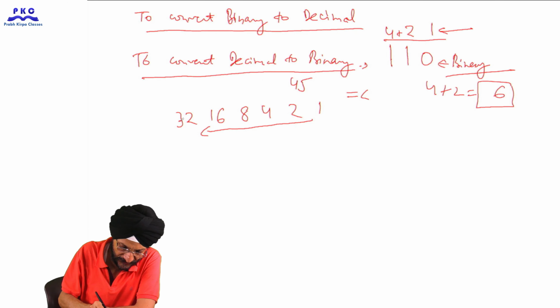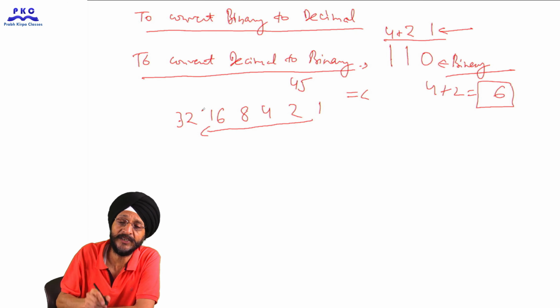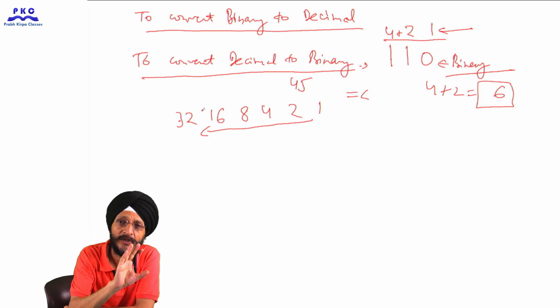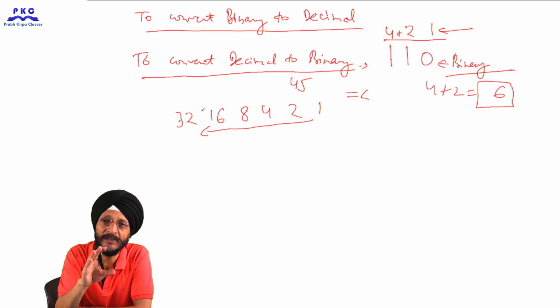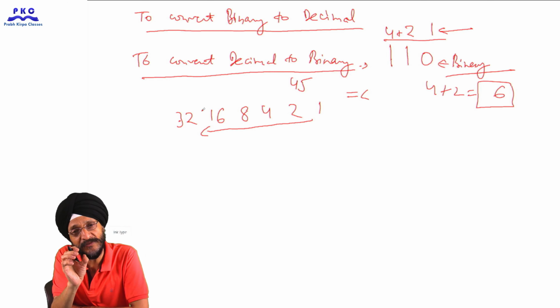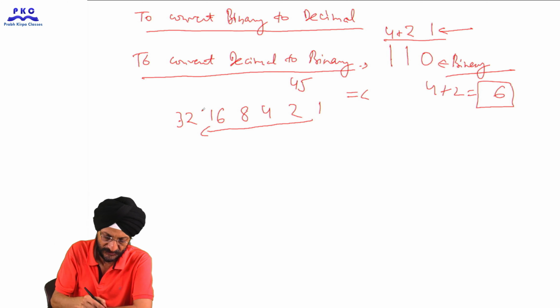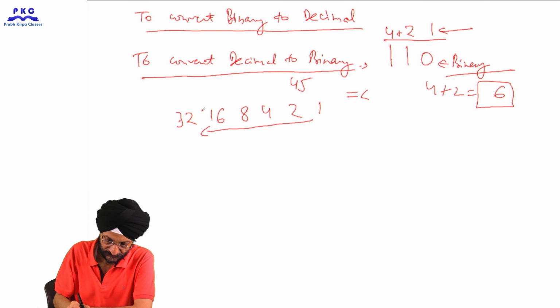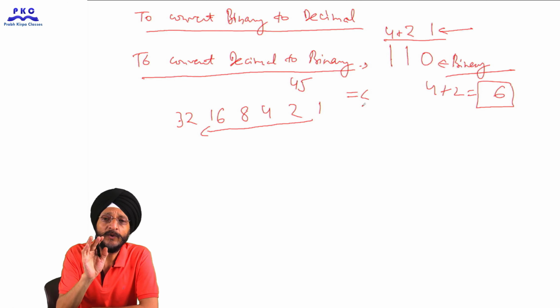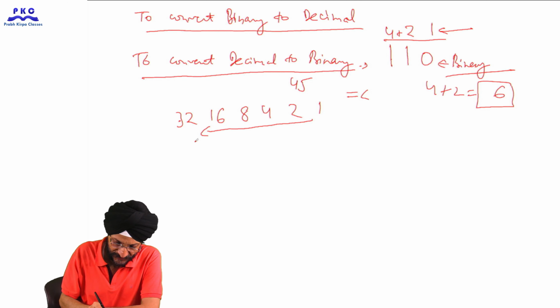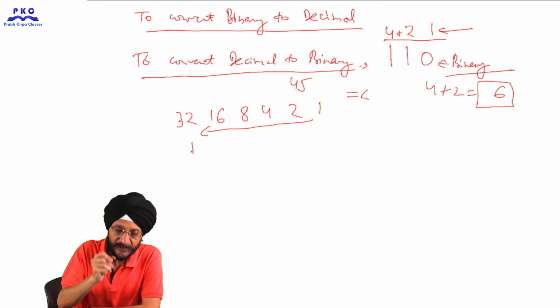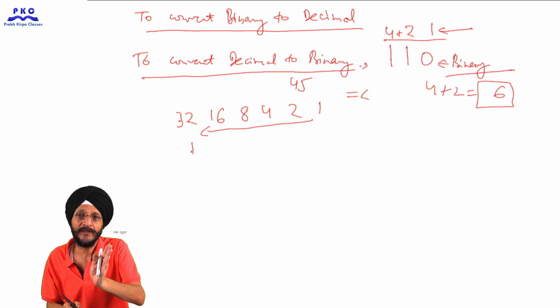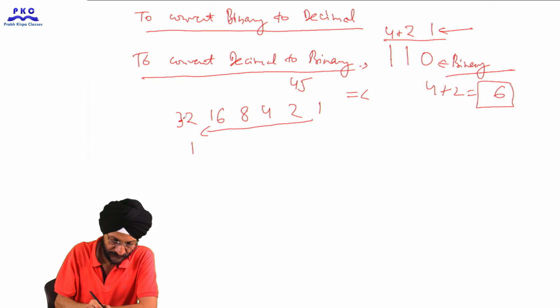If we multiply 32 again by 2, we will get 64. But 64 is more than 45. We want a value which is either 45 or less than 45. Here 32 is sufficient because it is less than 45. So now we will start from the right side and write 1 below 32. What is the balance?